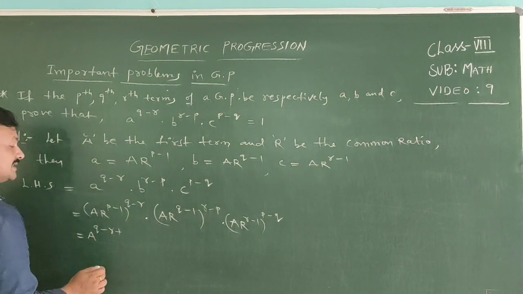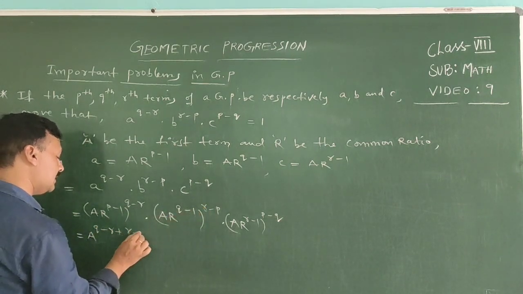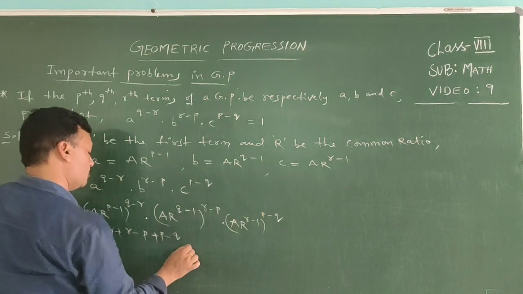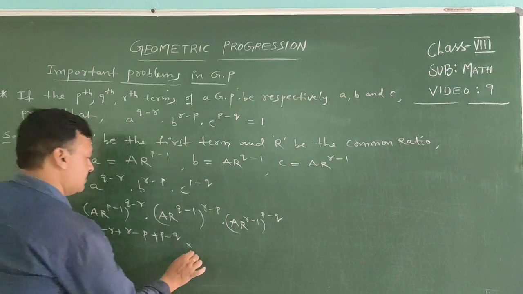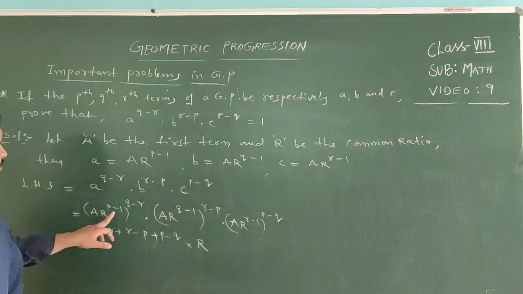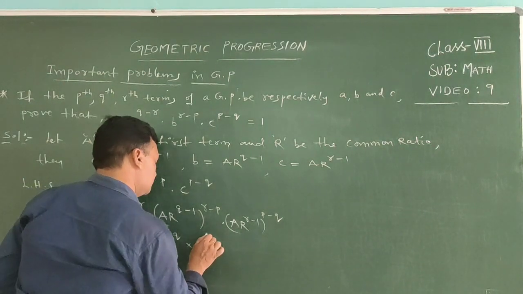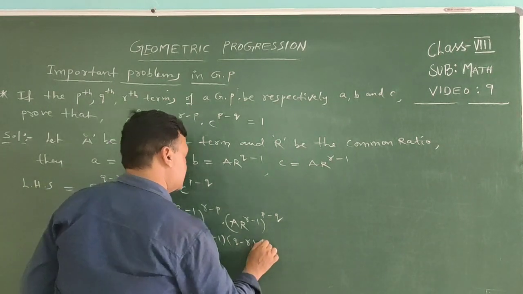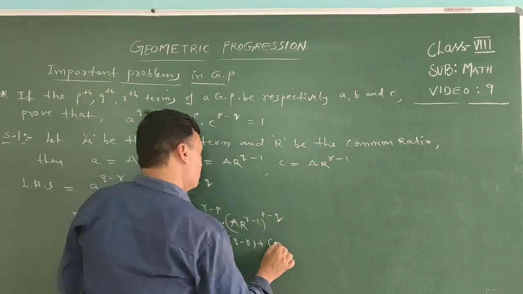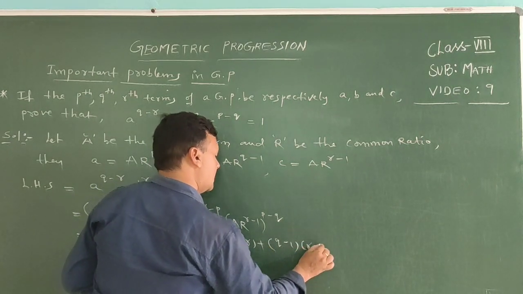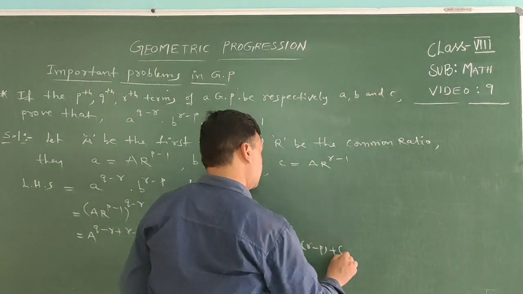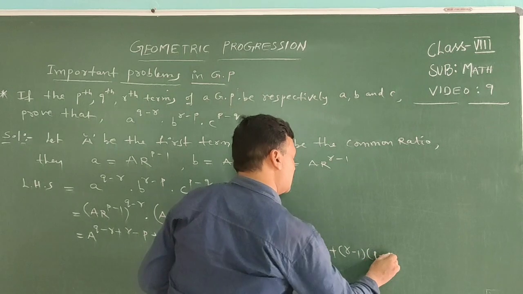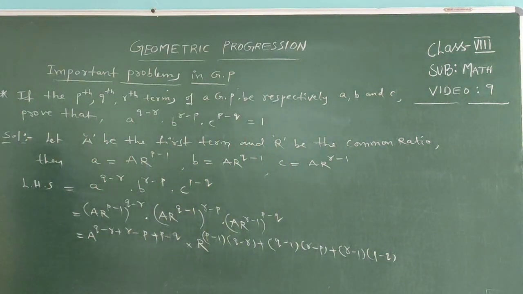Here A power q minus r plus r minus p plus p minus q into r power p minus 1 into q minus r plus q minus 1 into r minus p plus r minus 1 into p minus q. In this way.